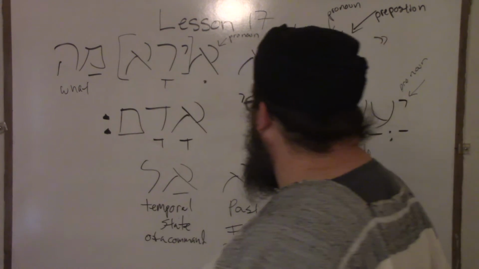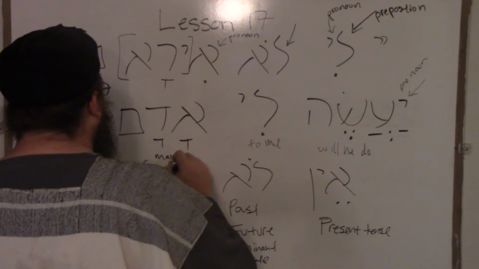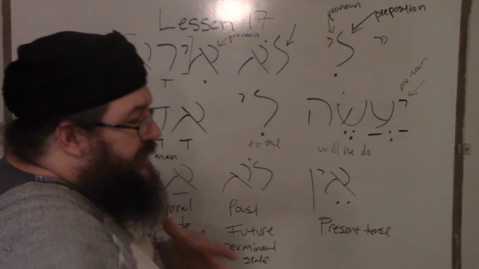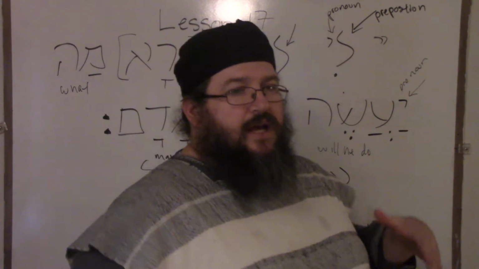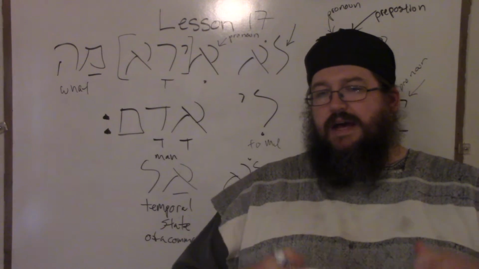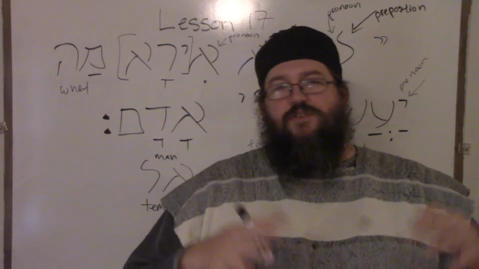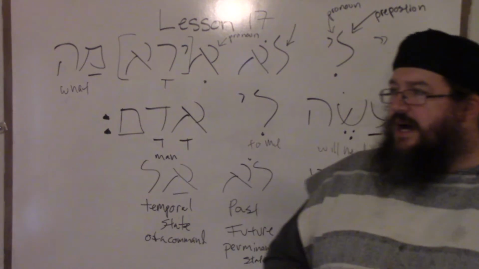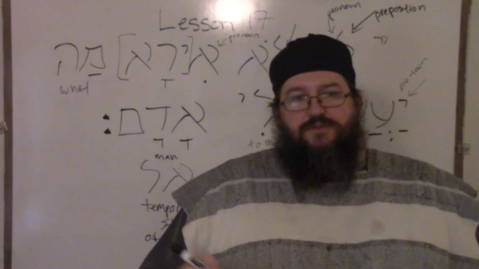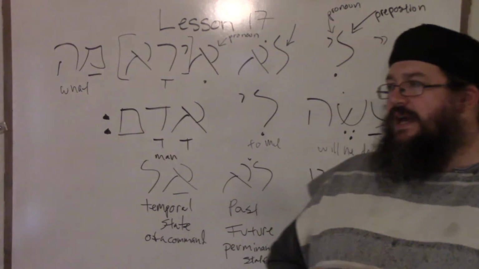And then lastly, it is the word Adam, which means man. Now Adam doesn't mean man like I'm a man. Adam is referring to humanity. Adam is referring to people. It's a very interesting thing because there are a lot of words that can be confused because of how they're translated.